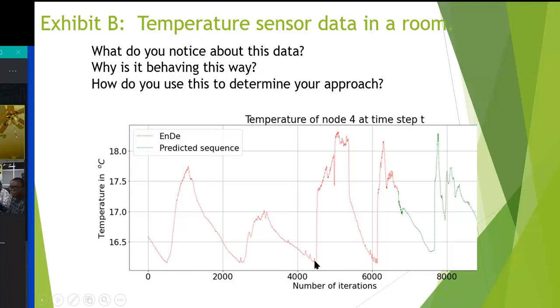You need to ask yourself, why is the data behaving regularly like this? And the answer is, this is data in a room. The room's characteristics are different in the day and in the night. When people are present in the office, you have a certain temperature profile. So when people come into the office, the temperature rises and then the temperature goes down during the day.